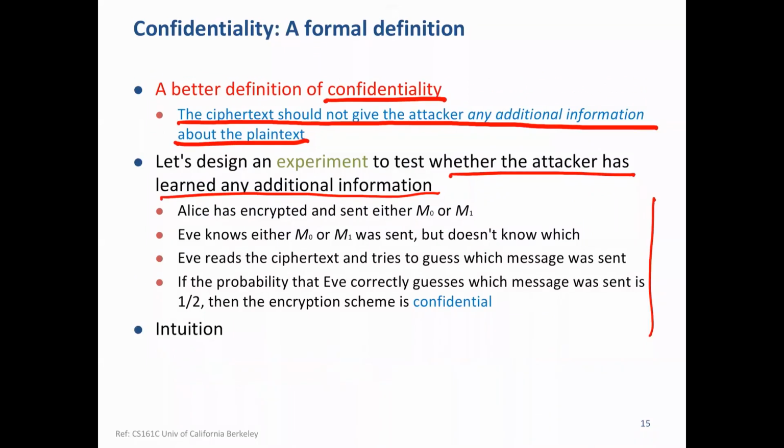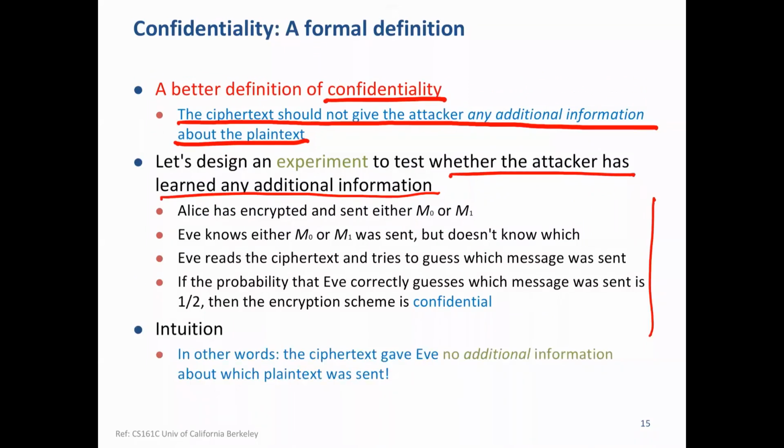Okay, the experiment starts this way. Eve sends message M0 or M1 to Alice, and Alice encrypts either M0 or M1, which she has received from Eve.